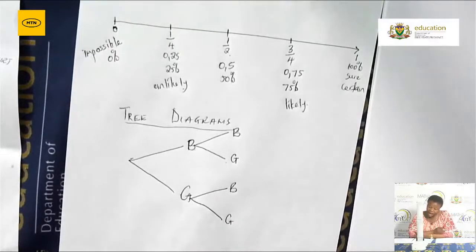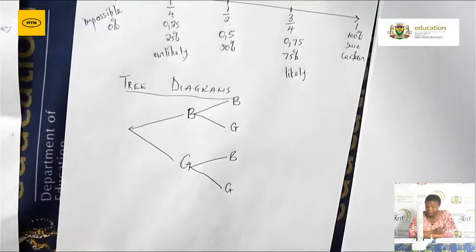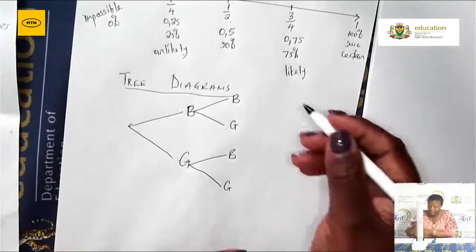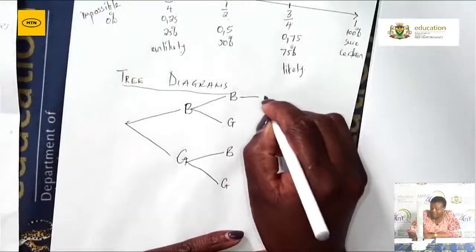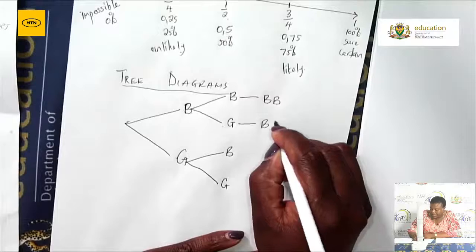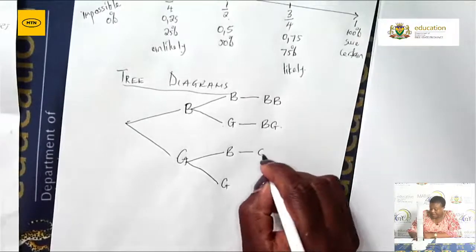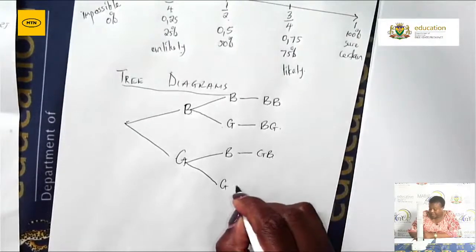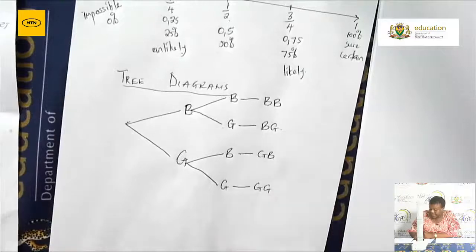Now the possible outcomes are no longer 2, but 4. The outcomes will be boy and boy, followed by boy and girl, followed by girl and boy, and lastly girl and girl.